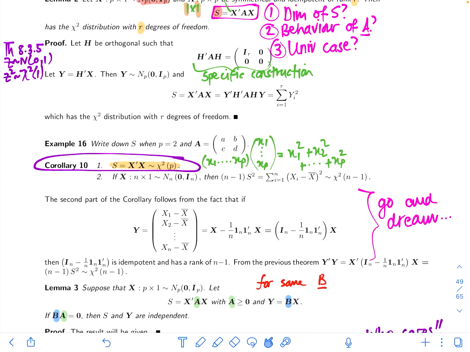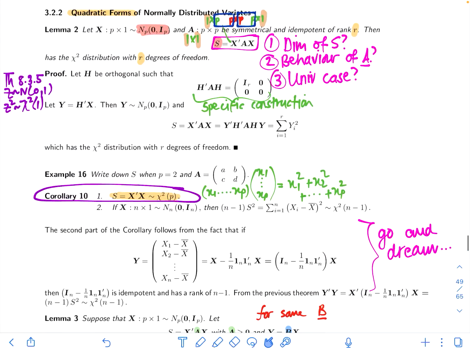But if X comes from a standard normal, or in our case standard multivariate normal, this means I'm taking the square of a standard normal variable and adding them together. In another section in our second year work, corollary 832, we know that the sum of independent chi-square variables again follows a chi-square distribution.